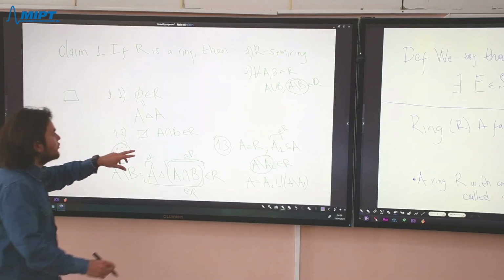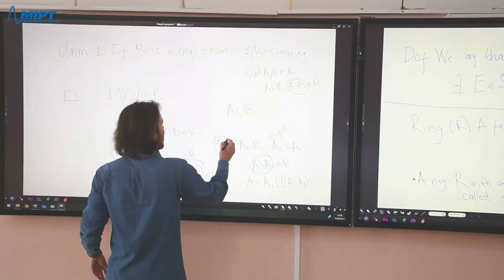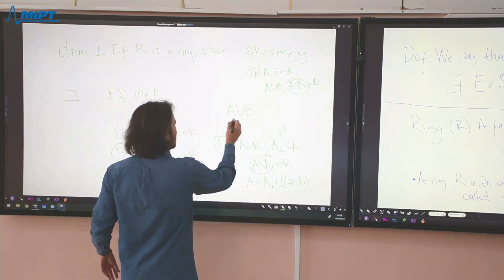And now we have to prove that A union B is also an element of R. How do we prove this?